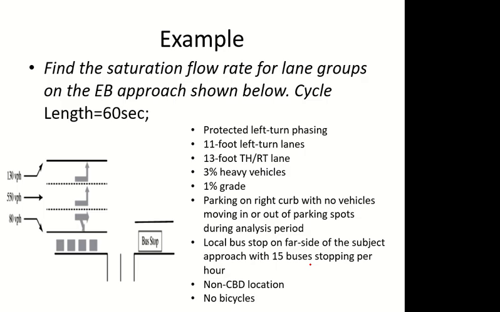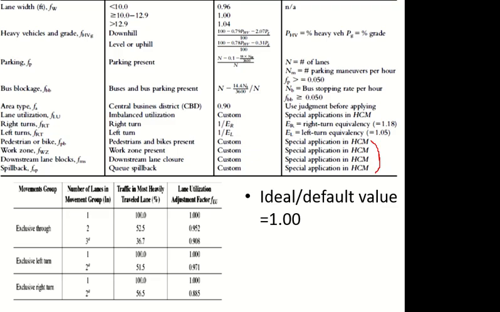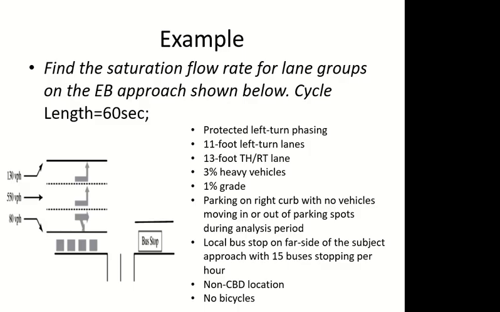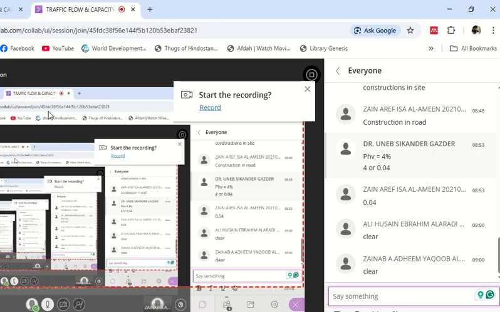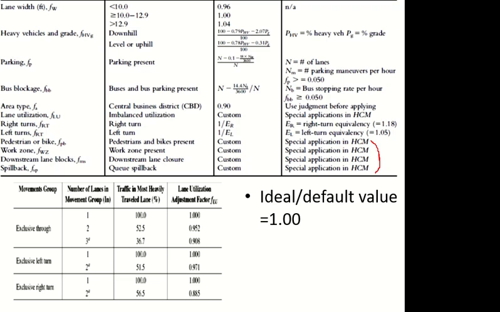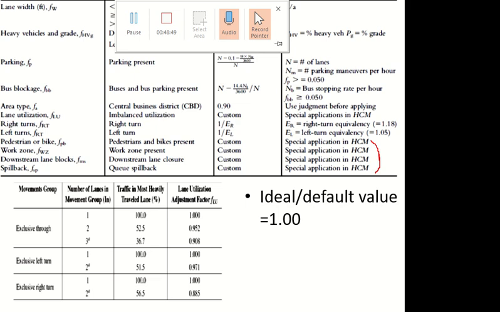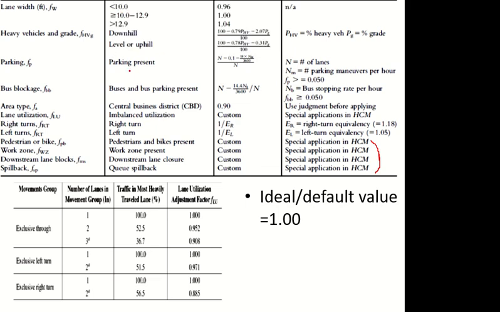So let us apply the factors. First of all, it's a non-CBD area. They did not mention if it is urban or rural, so I will assume that it is urban and take S naught as 1900. Then I will go through the other factors. The first factor is for lane width.